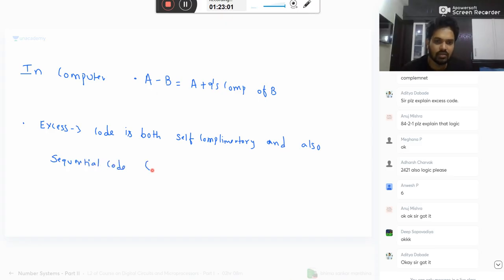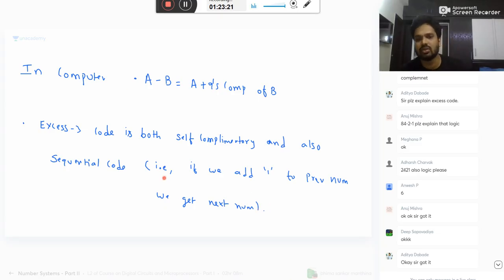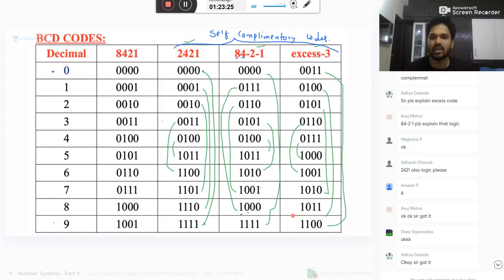That is, if we add 1 to the previous number, we get the next number. If you add 1 to the previous number, what will you get? The next number. Let me explain with the help of this example. You add 1 here, the next number will come or not? You add 1 here, the next number will come or not? This is called a sequential code.